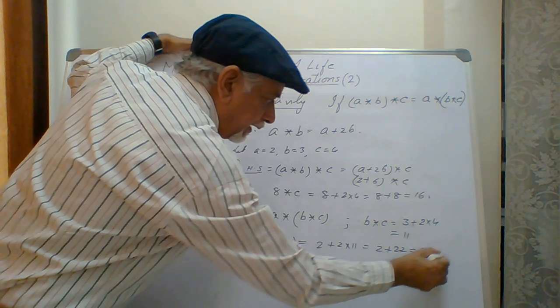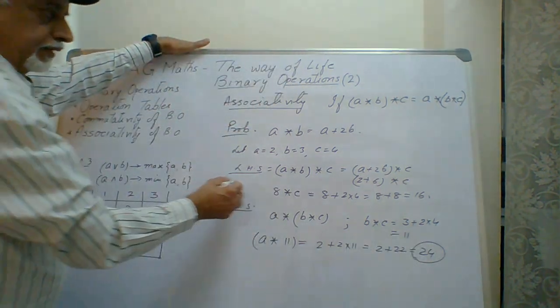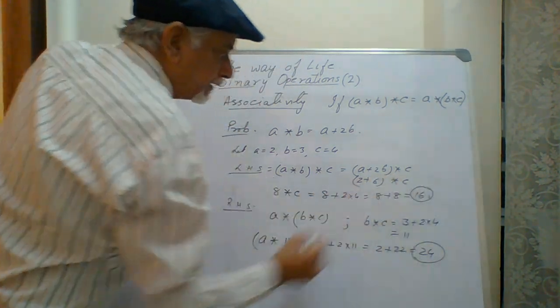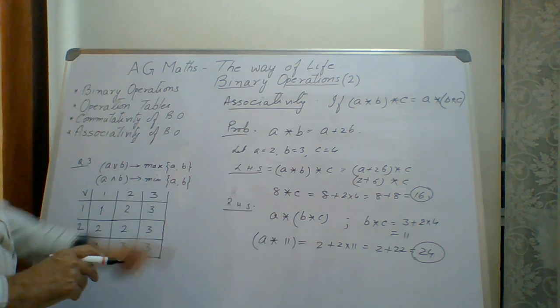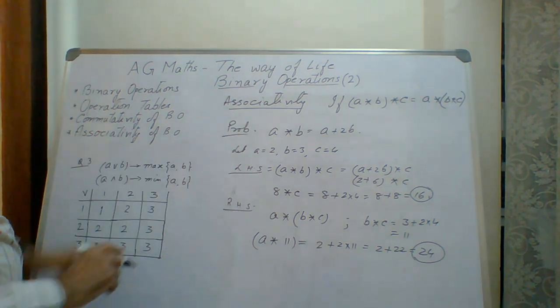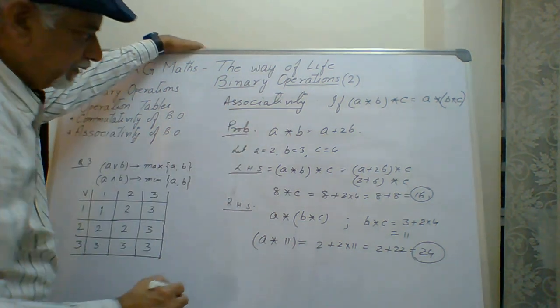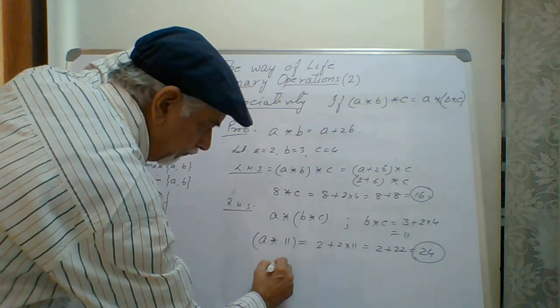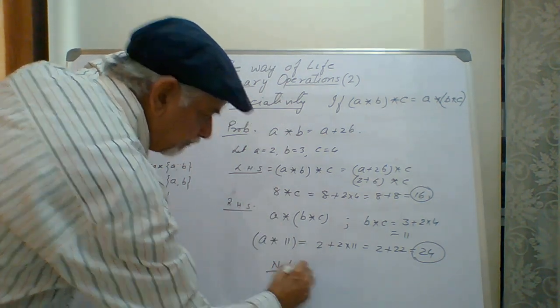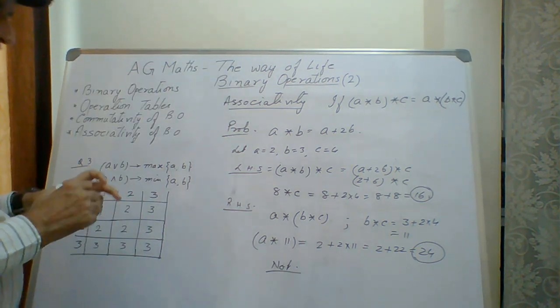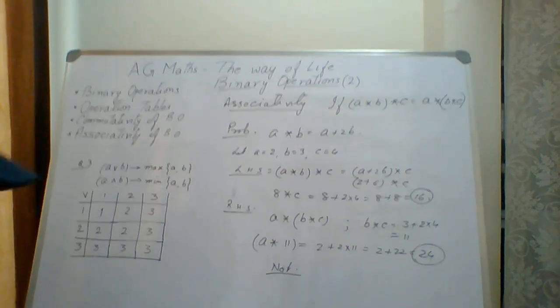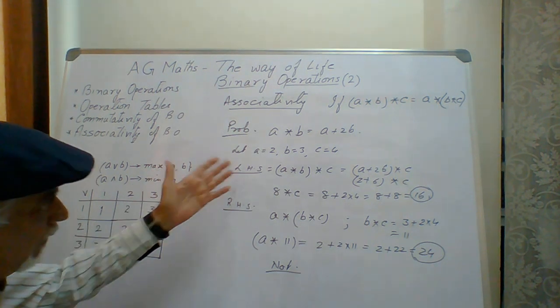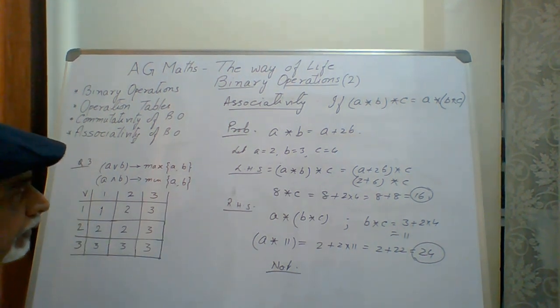So here I am getting an answer of 24, and on the left hand side I am getting an answer of 16. So we definitely find that the left hand side is not equal to the right hand side. For this type of binary operation, associativity is not applicable. It is not conforming to associativeness. But if you look at the natural numbers, it will definitely work.